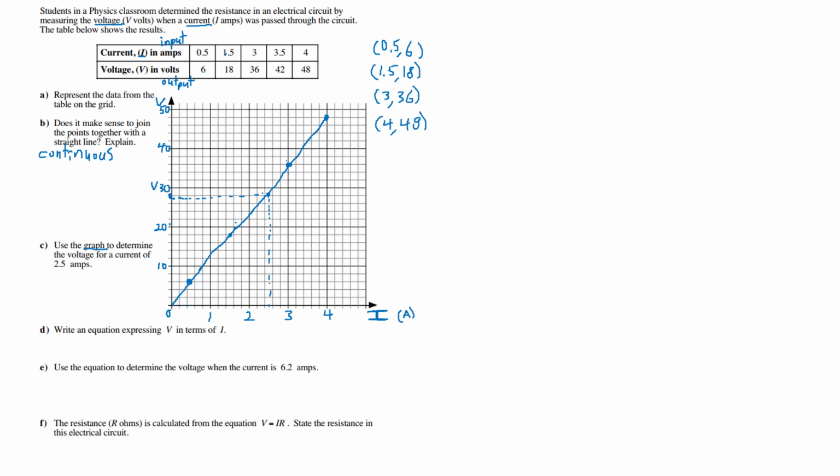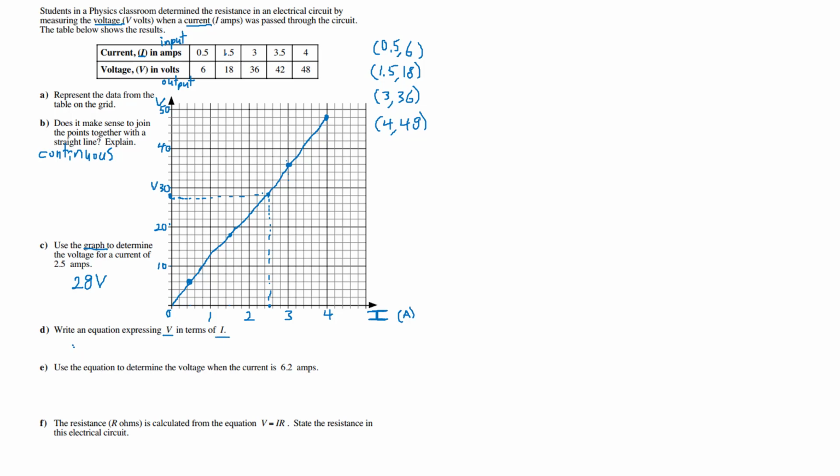Now this line could probably be a bit straighter, but I think that's pretty close. 2.5 amps gives us 28 volts, according to our graph. It's called interpolating. We find our 2.5 amps, bring that up to our line, and then bring it over to the y-axis.